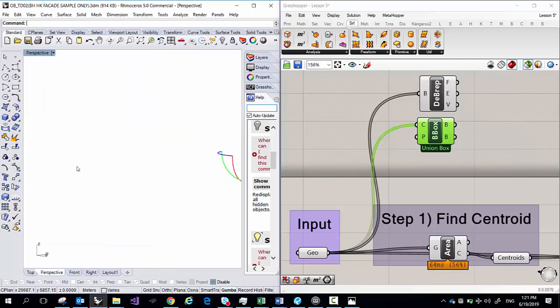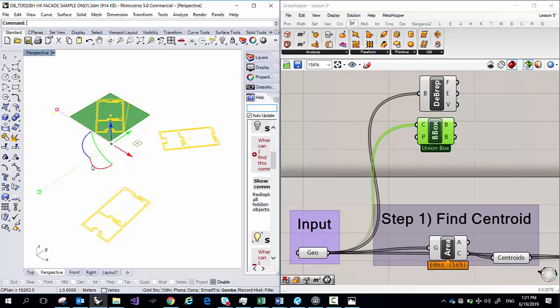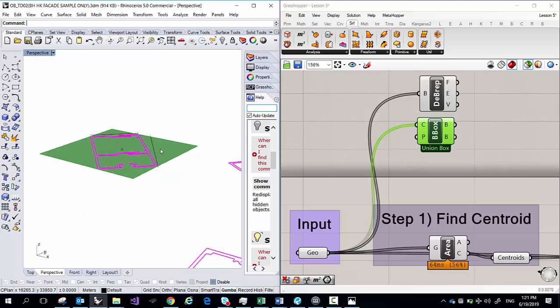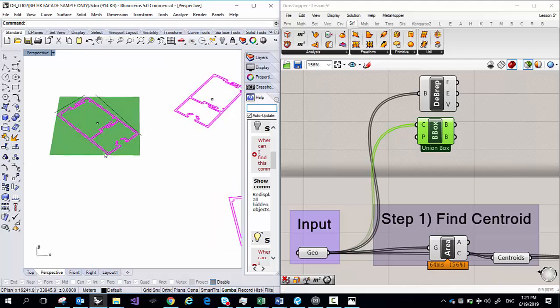But that box is oriented, again, this is the minimal size box that will encapsulate the geometry that you gave it. So if I zoom in here, let's get clever here. It says it's orienting this bounding box to the XY plane. Well, that's obviously what it's doing because it's parallel to the XY plane.